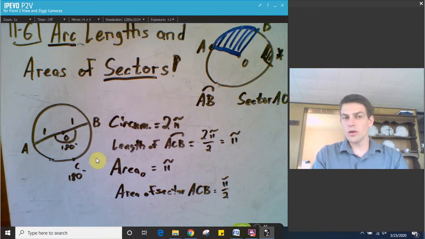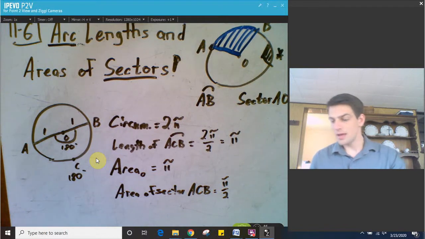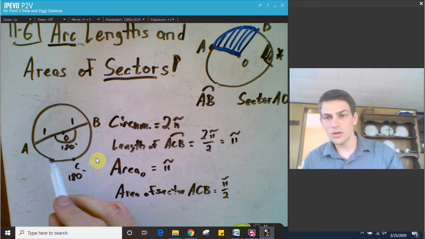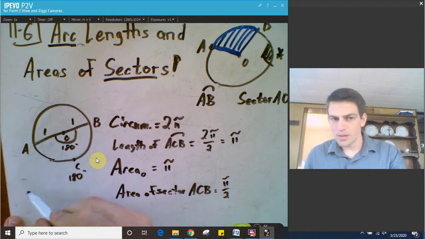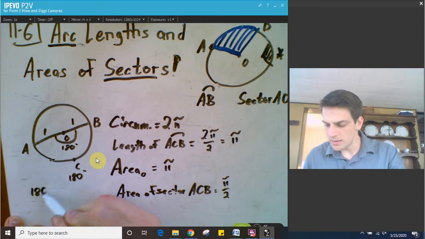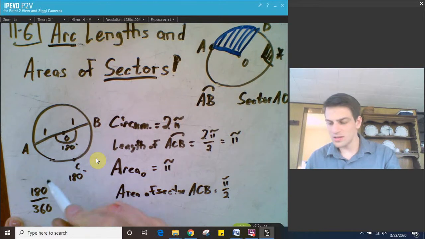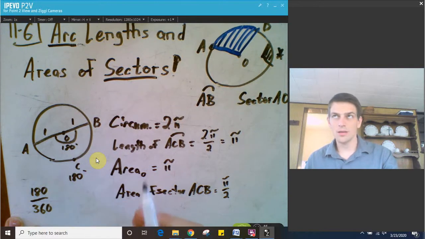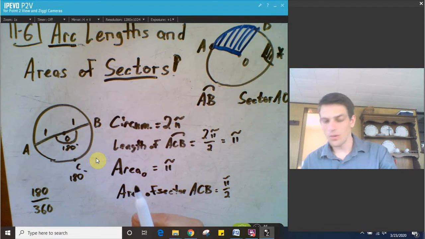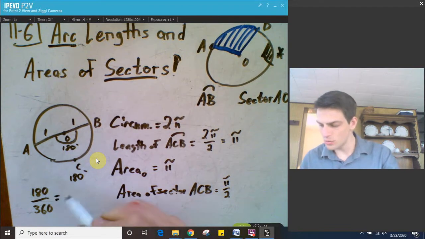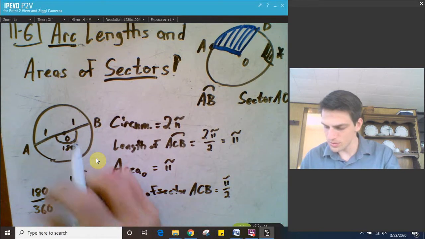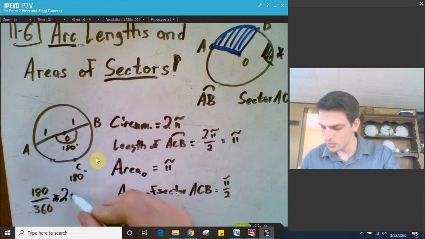So if we know there are 360 degrees in a circle, and this arc takes up 180 of them, we can make a proportion, 180 divided by 360. So 180 over 360 times the total circumference, which is 2 pi.